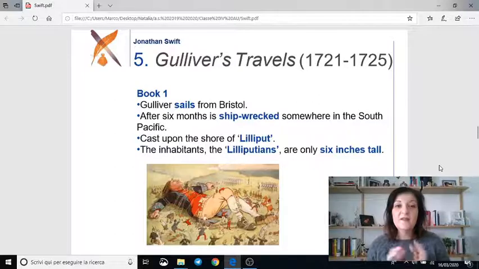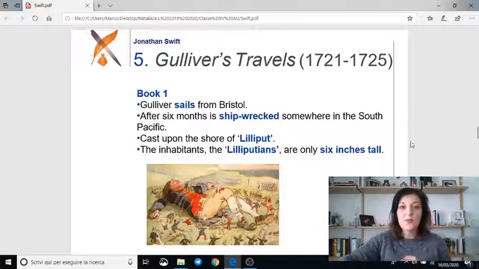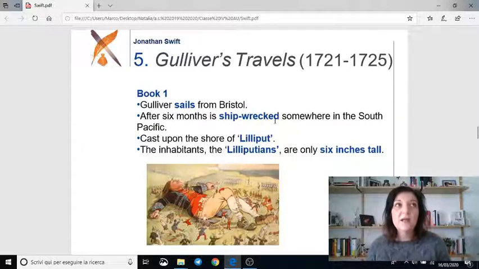And after 6 months on the sea, he is shipwrecked. You already know this verb. To be shipwrecked means naufragare. We already know this word and this verb because we used it for Daniel Defoe's Robinson Crusoe.